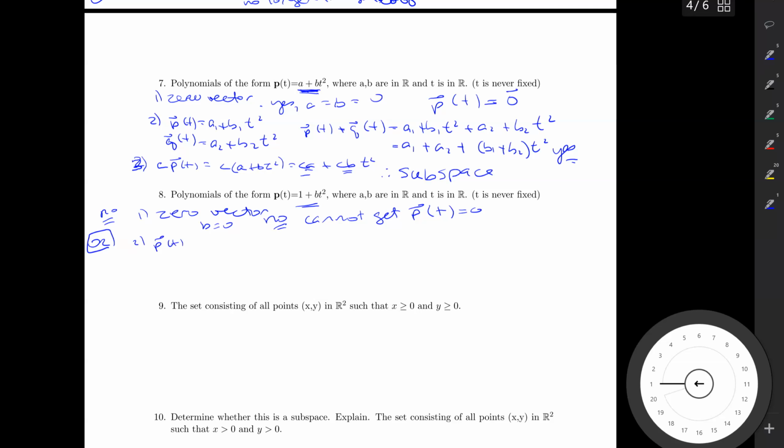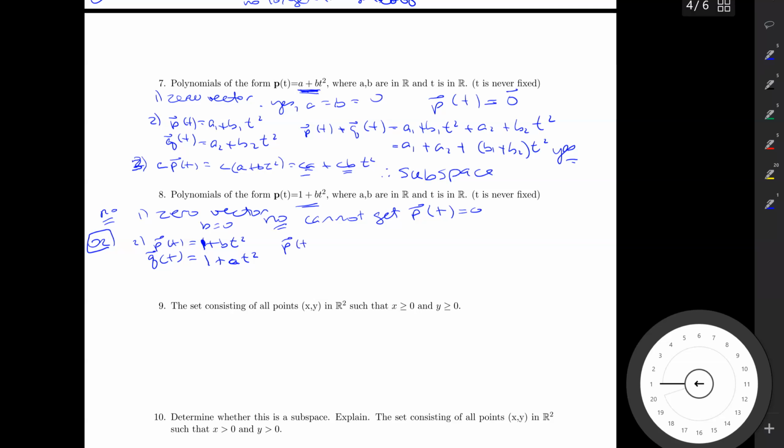If I wanted to check to see if it was closed under addition, I'd have to make up two items that were already in. So let me do 1 plus bt squared and 1 plus at squared.